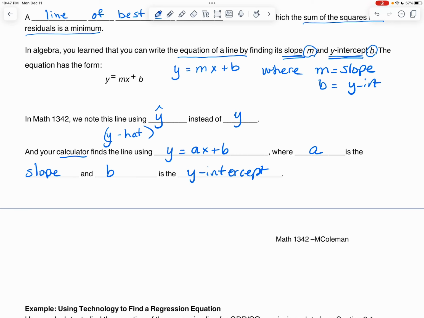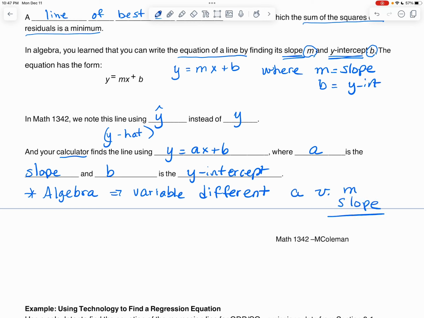The difference is just in the variables, particularly a versus m for slope, and then y hat versus y.